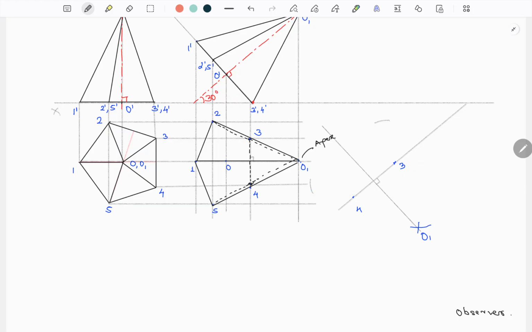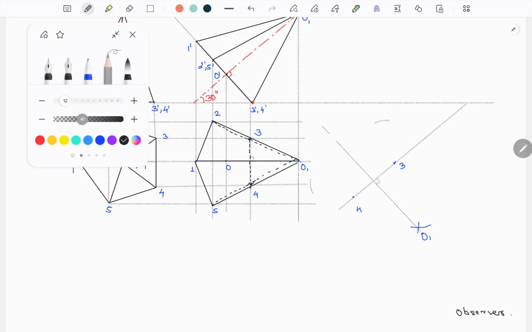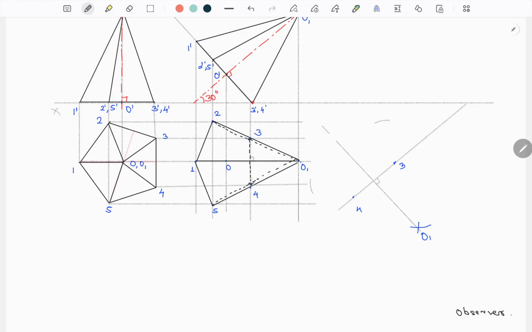Then you take 4 to 2 in the compass. From point 4 you cut an arc. Similarly that will be equal to 3 to 5. From point 3 you cut an arc. So you will get point 5 and point 2.